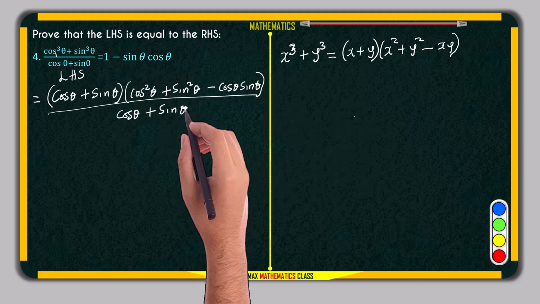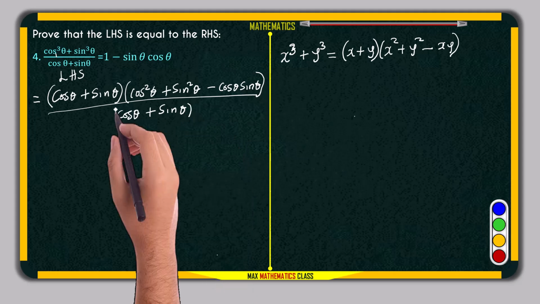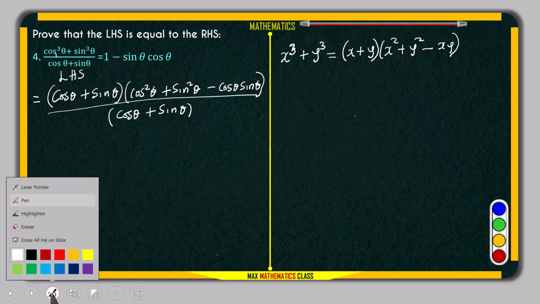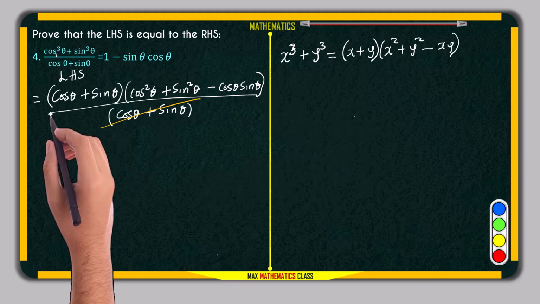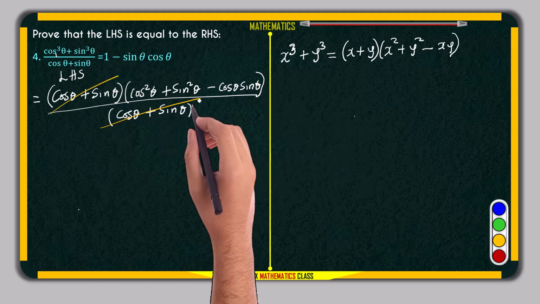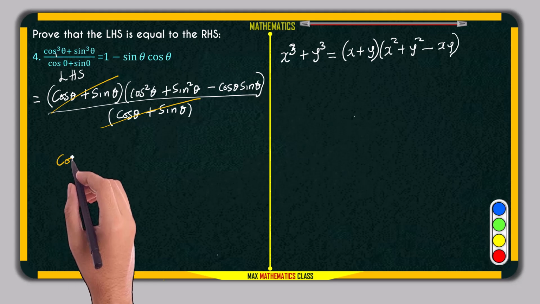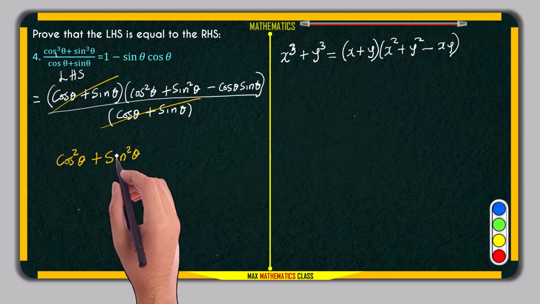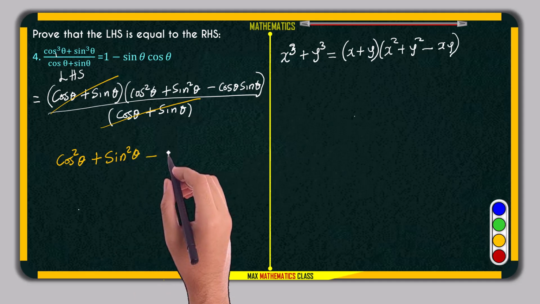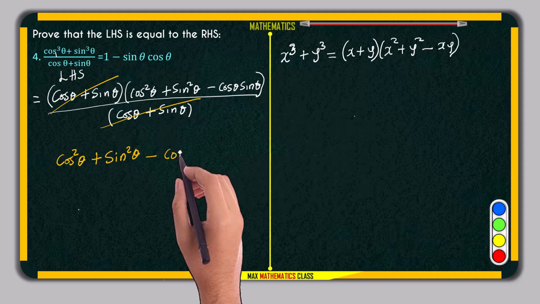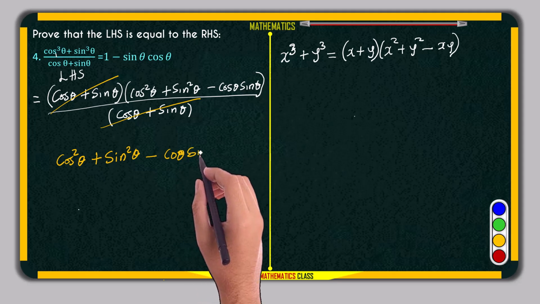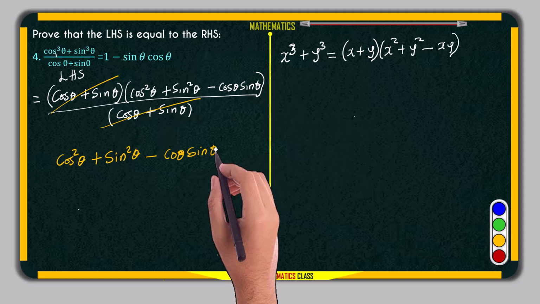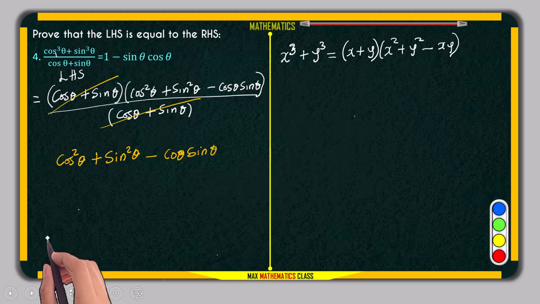So automatically you can see that this value cancels out this. So we are now left with cos square theta plus sine square theta minus cos theta sine theta.